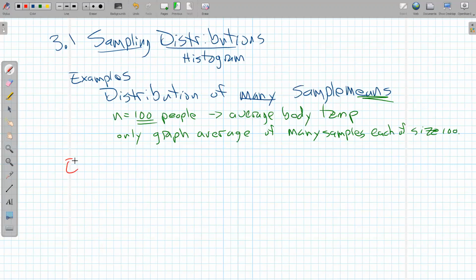Another example would be a proportion. So that's like what percent of people or things have some property. So I could have a distribution of many sample proportions.